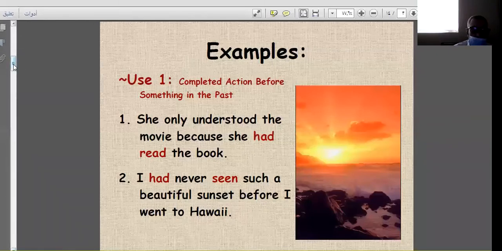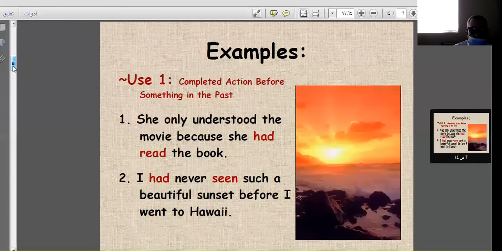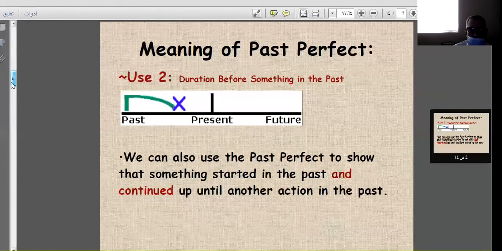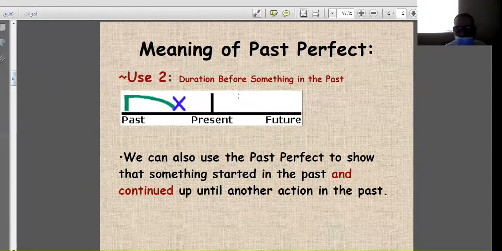Okay, we have more. Duration before something in the past. We also look here, past, present.